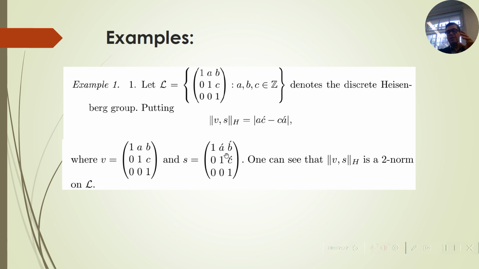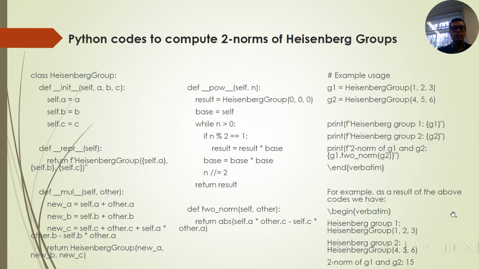A prime is just an element which is different from A. It doesn't have any special meaning. Then this Heisenberg norm is a two-norm on L. It has all the properties that I showed you before.